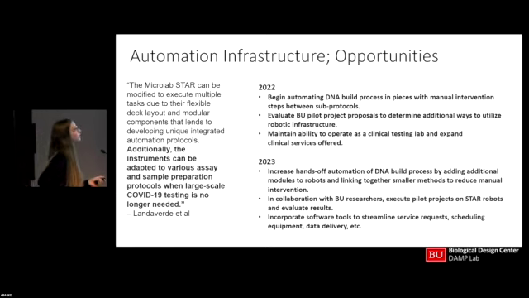So this goes along with those ones earlier, the DNA assembly, the NGS library prep. So deciding exactly what people need and making sure that it gives off exactly what we wanted it to. And then incorporate software tools to streamline services, scheduling equipment, data delivery, et cetera.